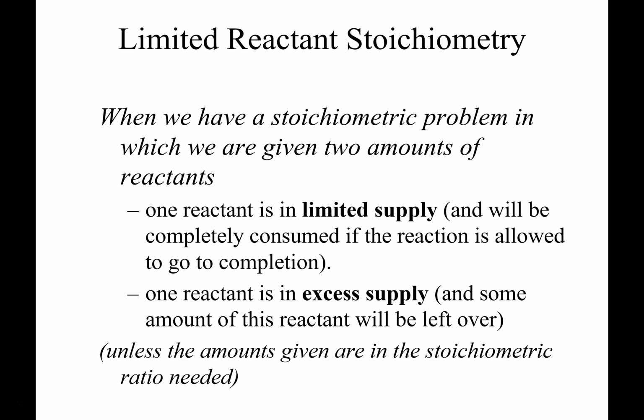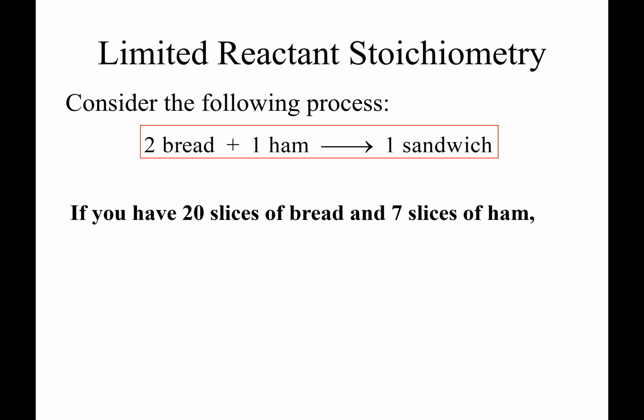Now, if you have 3 things that react, how does this work? It seems like one you're going to run out of first, and that would be in limited supply, and the other 2 would be in excess. It's possible that 2 of them are in limited supply, in just the right same amounts, and then you have 1 in excess. It's possible. Let's see what that looks like.